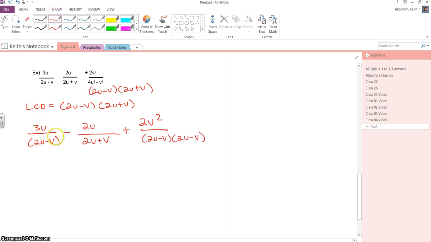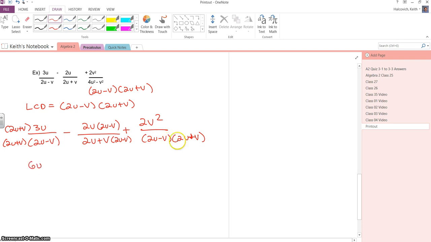Now, to get the common denominator, here we'd have to multiply by 2u plus v, because that's what it's missing. Here we'd have to multiply by 2u minus v. And then this one we don't have to multiply by anything, because we already have the common denominator. So now distribute.